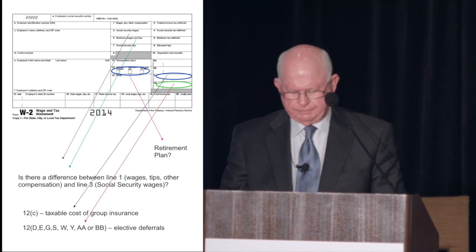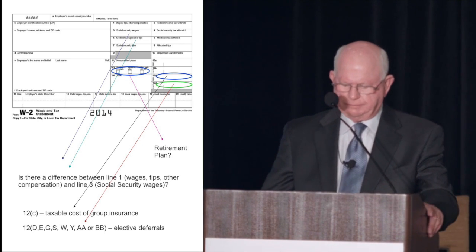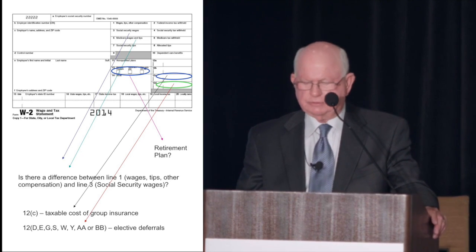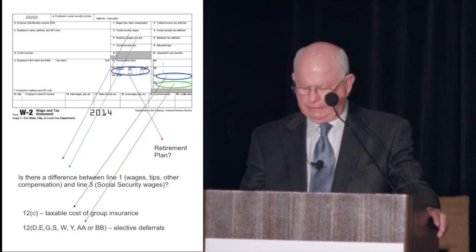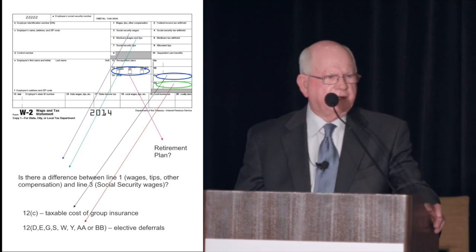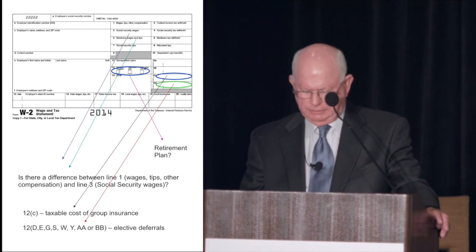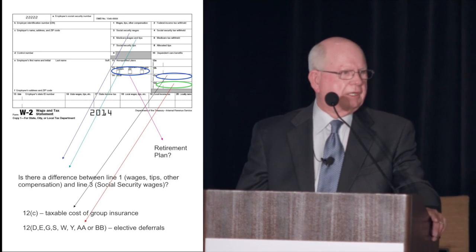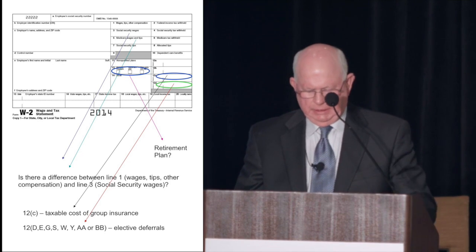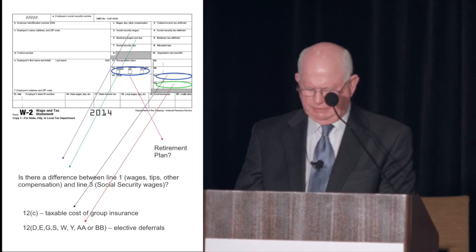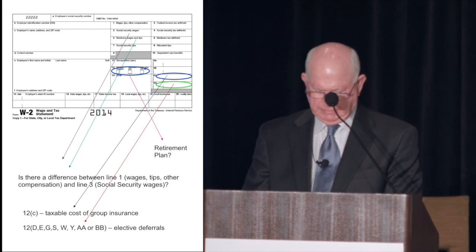Box 12D includes the following information. Line 12, code D, indicates the individual is contributing to a 401k account. If you're doing planning for that individual, you want to make sure they're deferring the maximum amount allowed, or at least the maximum amount to get the full match from their employer. If code E is completed, the individual is voluntarily contributing to a 403b account.